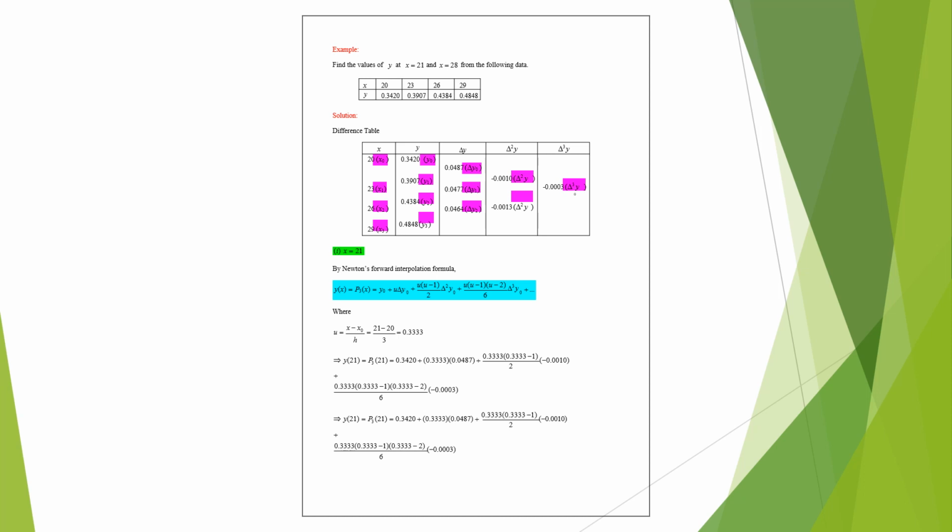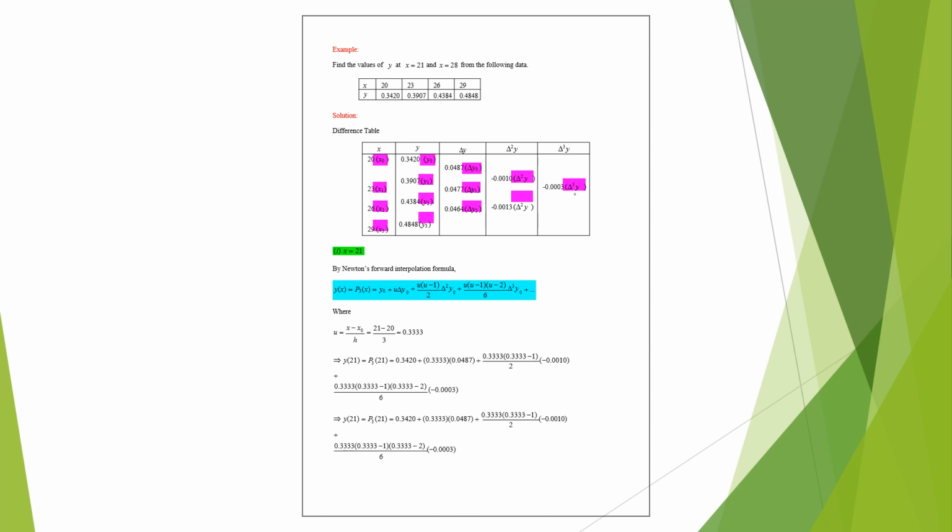So here in our problem, the first one, find the value of y at x equal to 21. Here the value of x lies in the forward part of the table. So here we have to use Newton's forward interpolation formula.